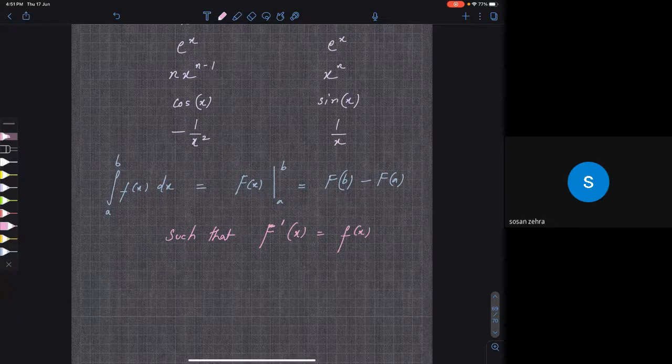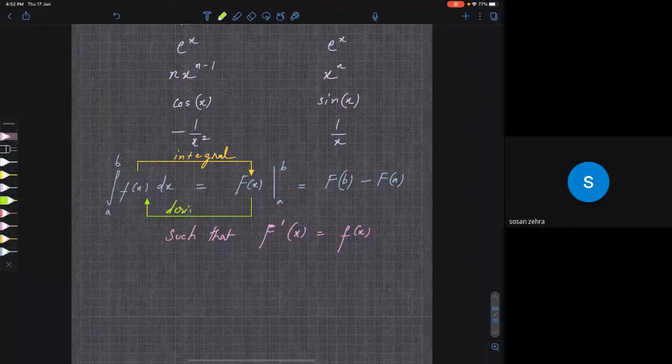Are you getting my point? See, what I'm trying to say is, capital F of x is what? It is the integral of small f of x, right? Here I am writing integral, such that what? The derivative of capital F of x is small f of x.